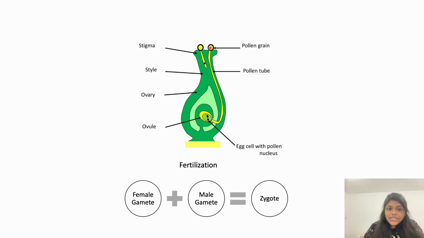The male gamete travels from the pollen grain to the ovule, where it fuses with the female gamete, thereby forming the zygote. This is the entire process of fertilization.